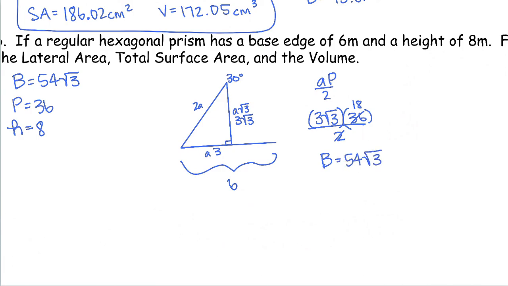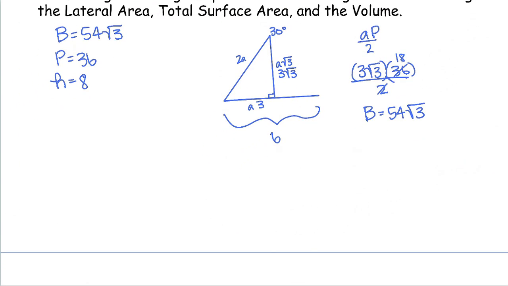And now we're ready to plug it into all of our pieces. So for our lateral area and surface area, this is where we're going to use our PH plus 2B. And our perimeter is going to be 36. Our height is 8 plus 2 times that 54 square root 3.